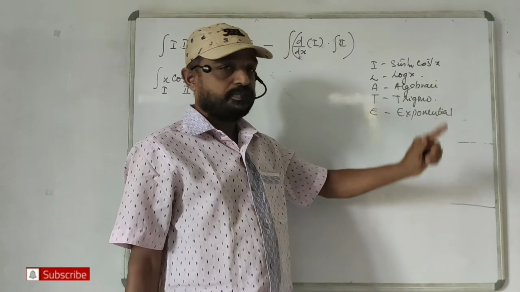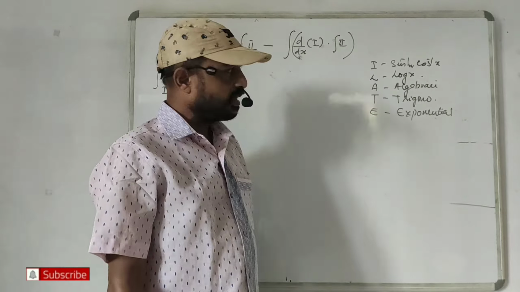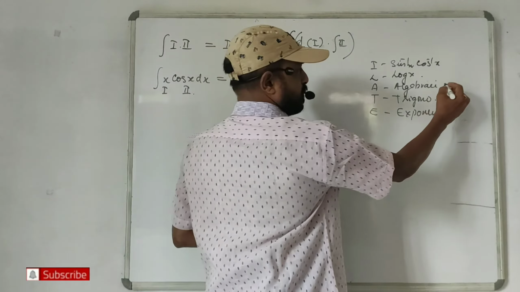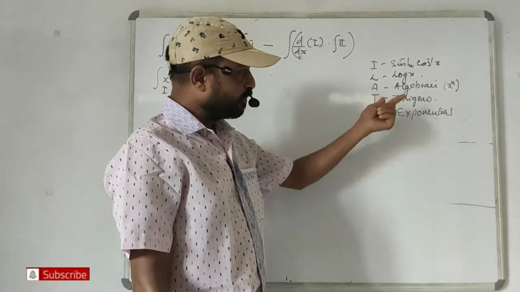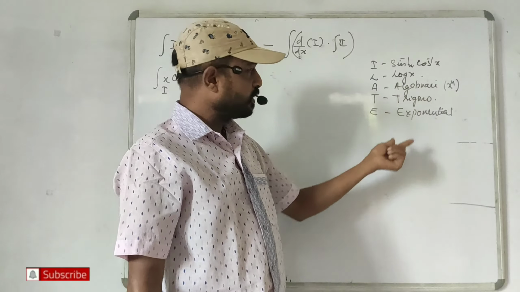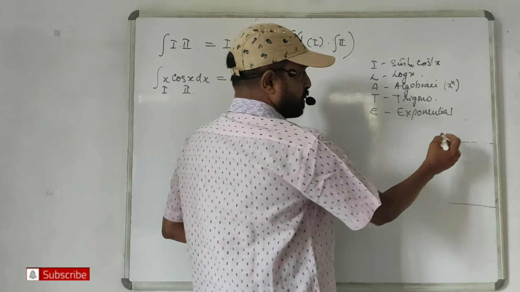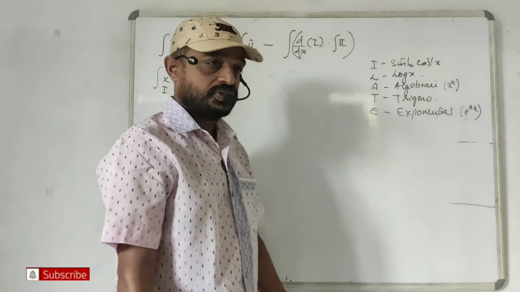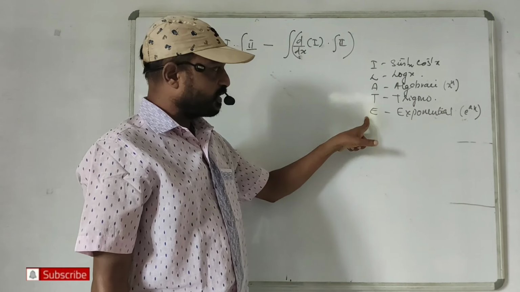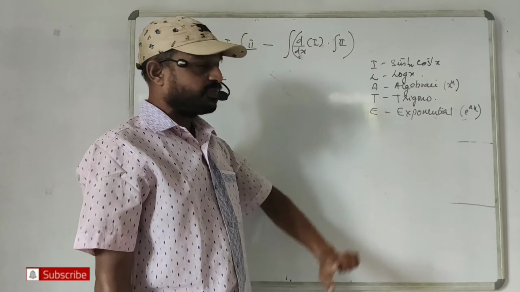A stands for algebraic function. Algebraic function means it may be a function of the form x raised to n. Trigonometric function means f of x is equal to sin x, cos x, etc. Exponential function means a function of the form e raised to ax is called an exponential function. The function which comes first in ILATE is taken as the first function.